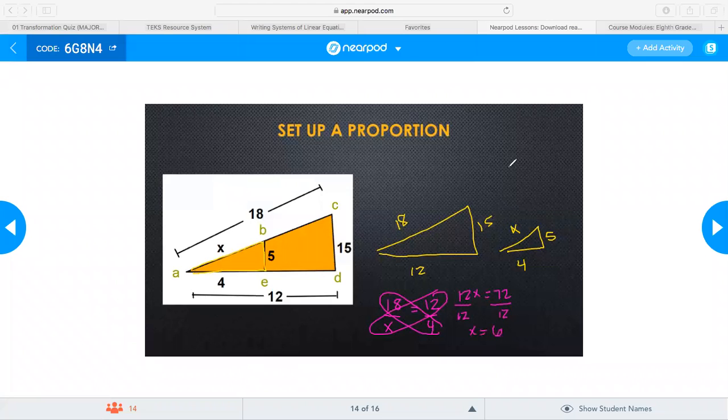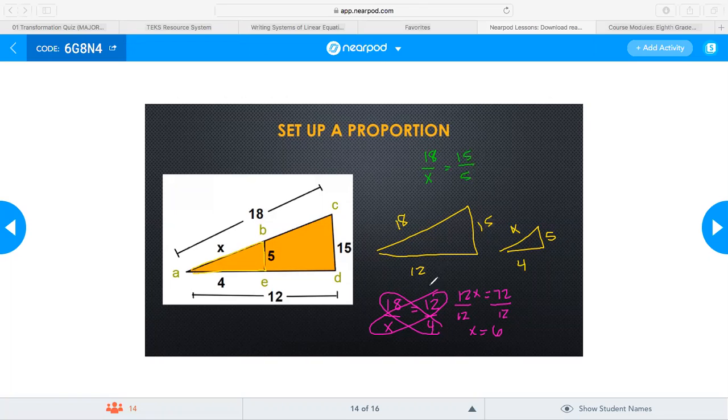Awesome. Someone else on Zoom, can you give me another proportion you set up, a different one? Juan Carlos. Okay, so I did 18 over x and 15 over 5.